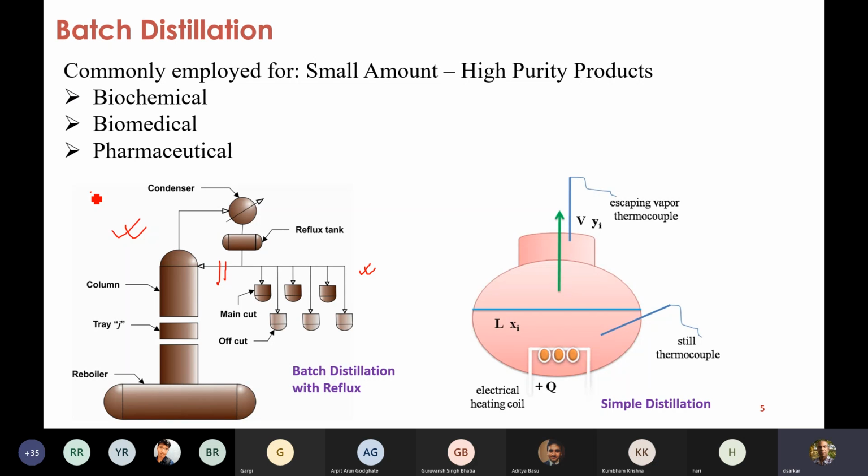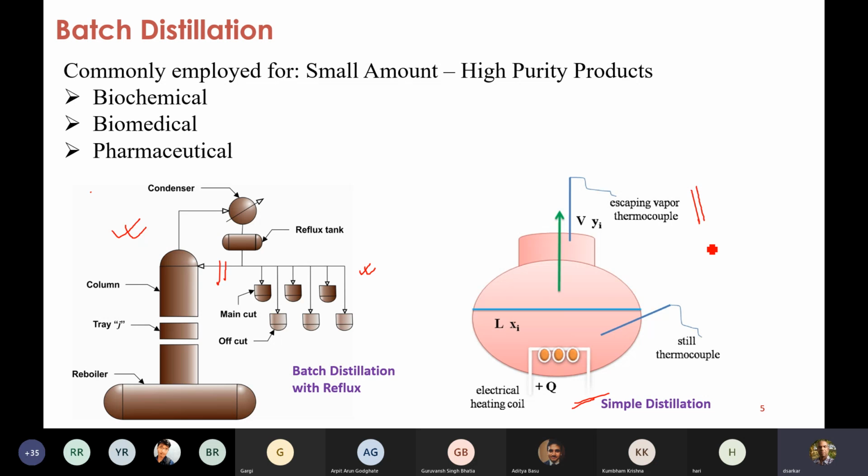Okay, this does not have any reflux. That's the main difference. We will call this a simple distillation. So what you have is basically a kettle where I take, let us say, a binary liquid mixture and I heat it, and then the escaping vapor you condense. Initially the vapor will be richer and richer in the more volatile compound, but that concentration will go down.